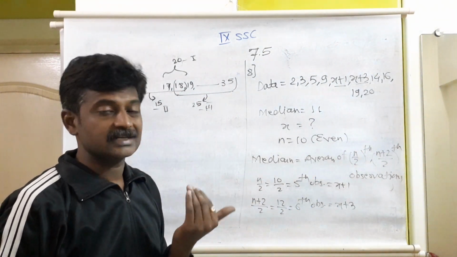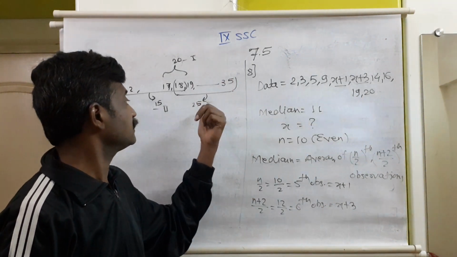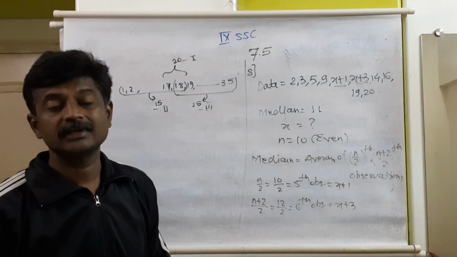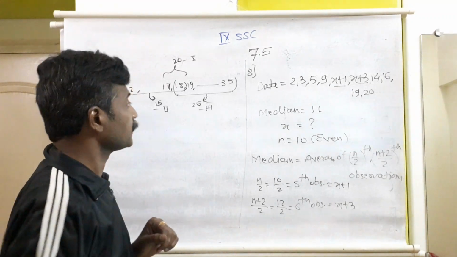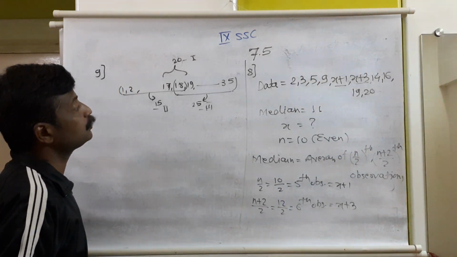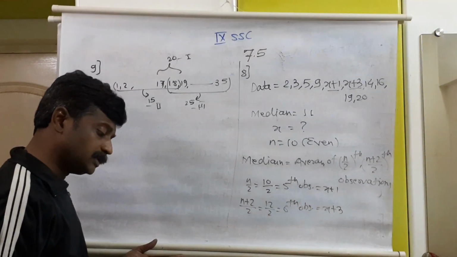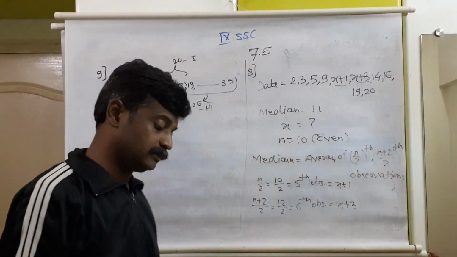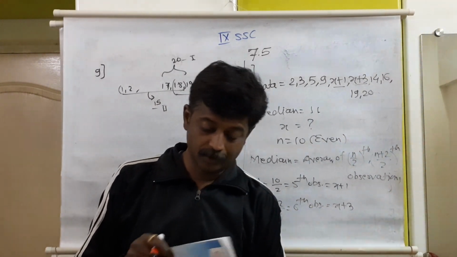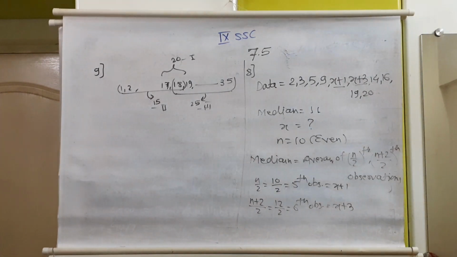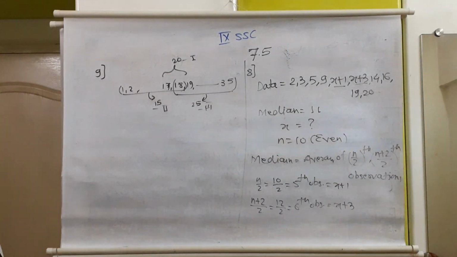It will cover the last 18 observations. Their mean is given as 25. This is given information number 3. With the help of these 3, we have to find the observation which is at the 18th position. Find the 18th observation. That is nothing but the solution for question number 9.